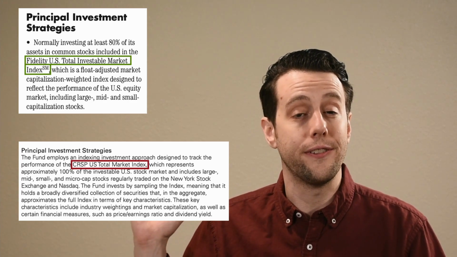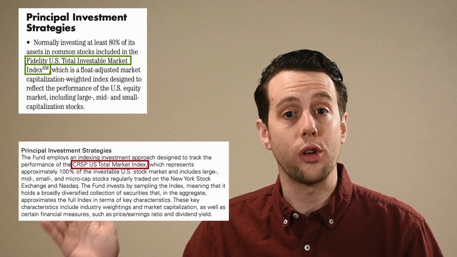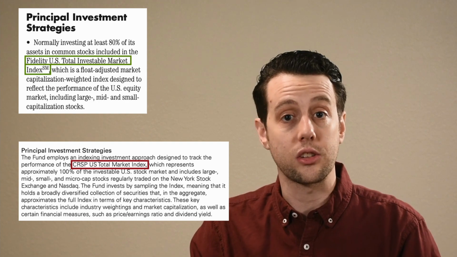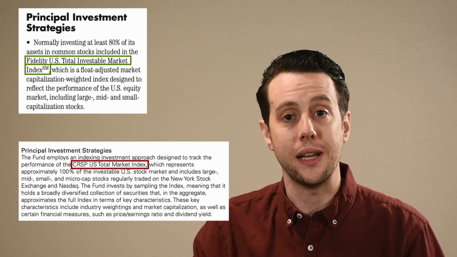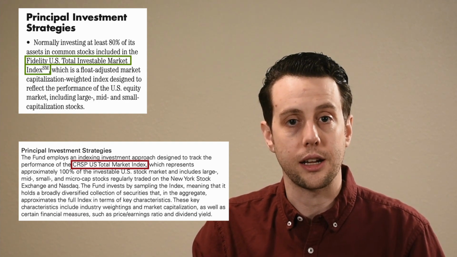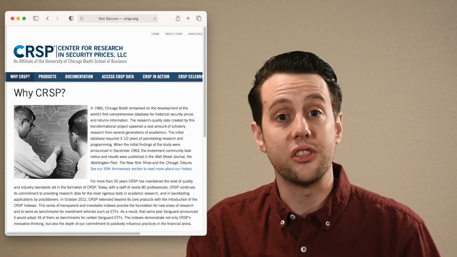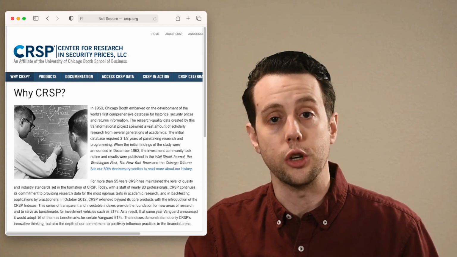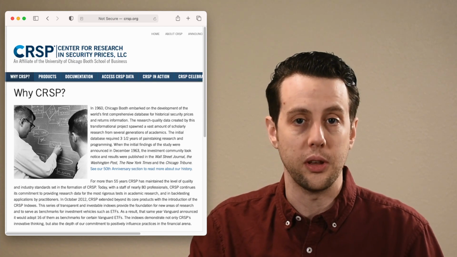FZROX tracks the Fidelity US Total Investable Market Index, while VTSAX tracks the CRSP US Total Market Index. This is the first difference between these funds. CRSP, the Center for Research and Securities Prices, is an offshoot from the Chicago Booth School of Business.